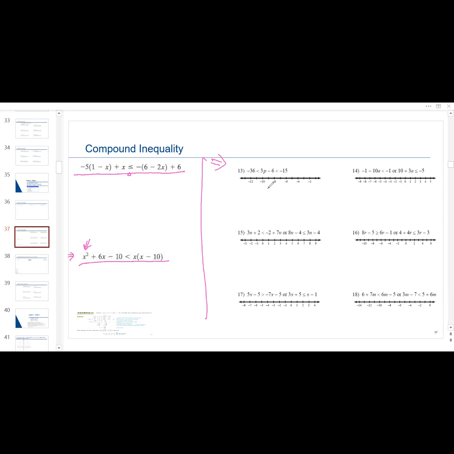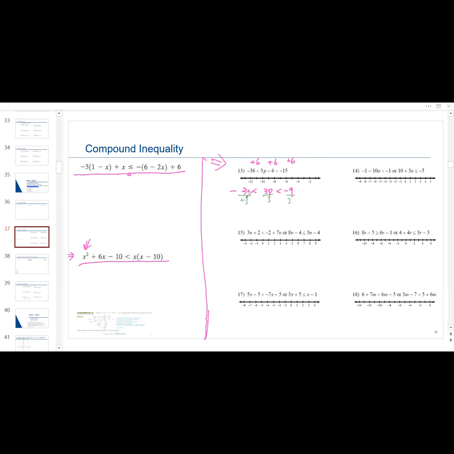Okay, so what do we need to do here? Firstly, we add 6 to the middle, right, and left. Right? So it became 3p less than -9 and greater than -30. So three sides divide by 3.